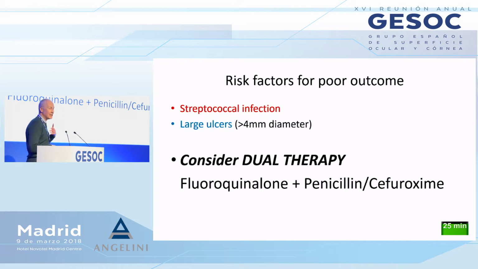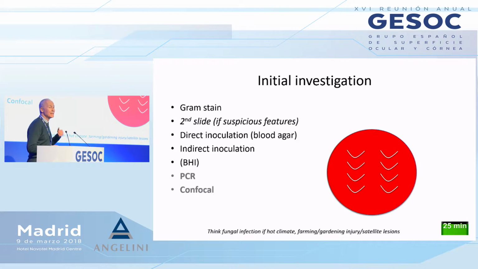There's some synergy between the cefuroxime and the fluoroquinolones, and you may want to use that if you suspect a streptococcal infection, or if you have a large ulcer. And you may want to treat systemically if the ulcer is near to the margins of the cornea and near to a blood supply. But otherwise, it's intensive monotherapy, and we will come to that.